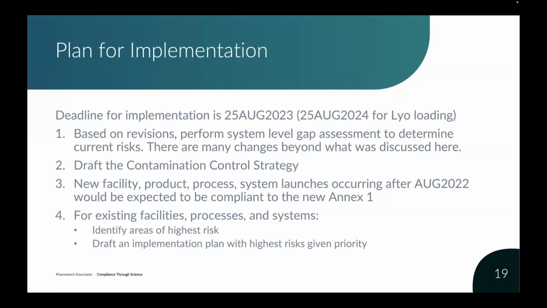Take that risk assessment; these are the areas they feel are higher risk to contamination control. This is our plan. We've identified these areas based on the new Annex 1, and this is when we're going to put things together. I think that's the best you can do when you just don't have the time to implement everything.